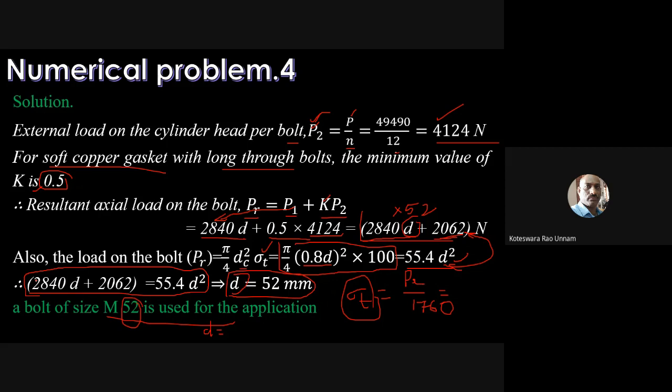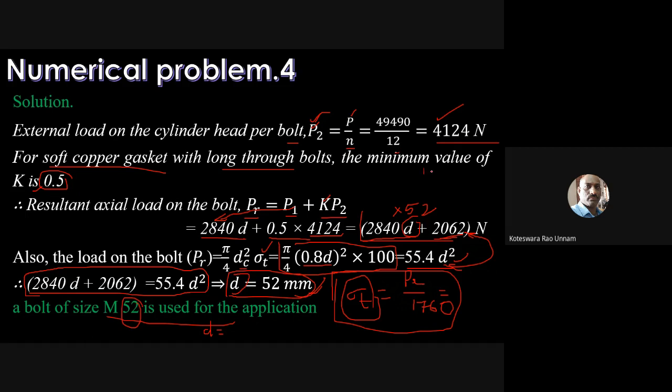Okay, if it is negative, then no issue at all. You don't have a negative diameter, so you can simply ignore that value and only take the positive value. So the only positive value is 52, and we will proceed like this. Once you've done that, you can also check whether your design is safe or not. You still have some factor of safety here.